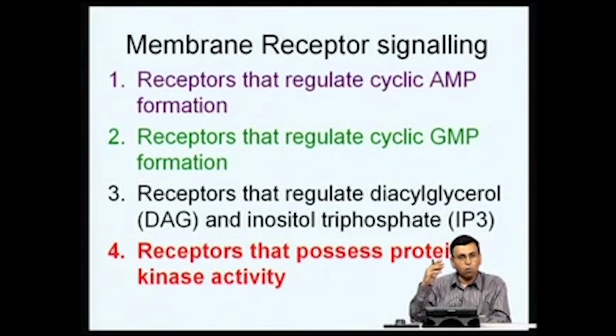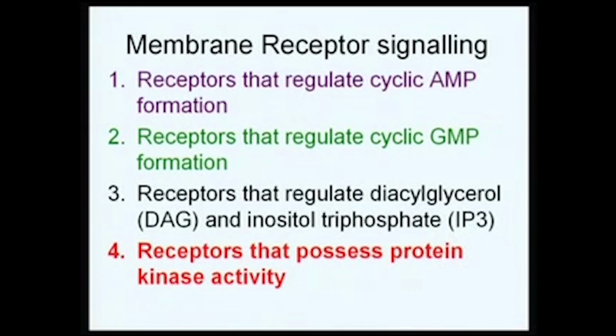But before we go and discuss the tyrosine signaling pathway, I would like to discuss in the next class how protein kinase C, which is the crux of today's discussion, once it is synthesized or activated in the cells, goes and activates specific transcription factors.